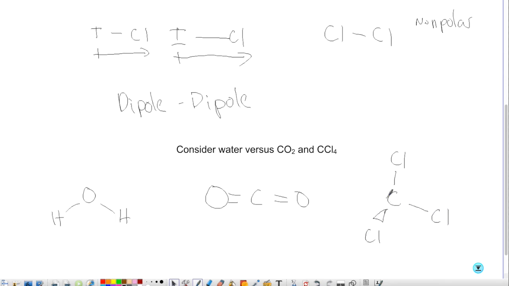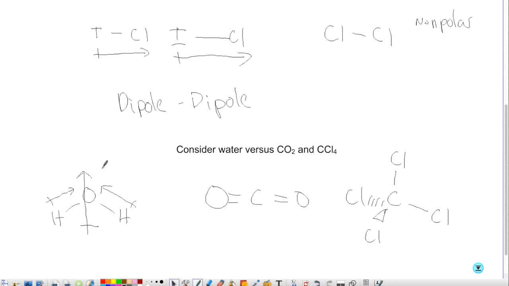You'll notice that CCl4 is going to be tetrahedral in shape, CO2 is going to be linear in shape, and H2O is bent. All right. Now H2O, oxygen is electronegative. Hydrogen isn't. So you get these bond dipoles forming this way, which means there's an overall dipole pointing up from the bottom through the molecule towards the top. Okay? So there is a net dipole pointing up through the molecule.